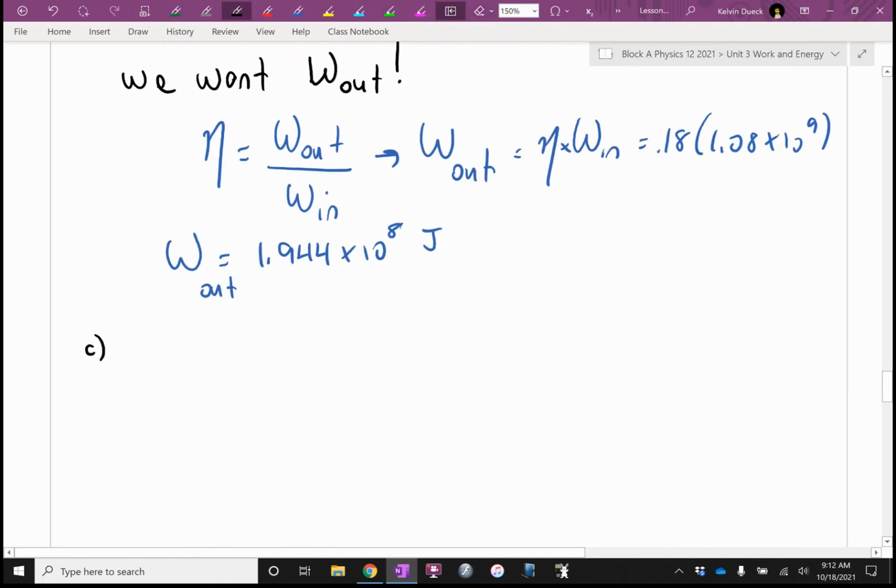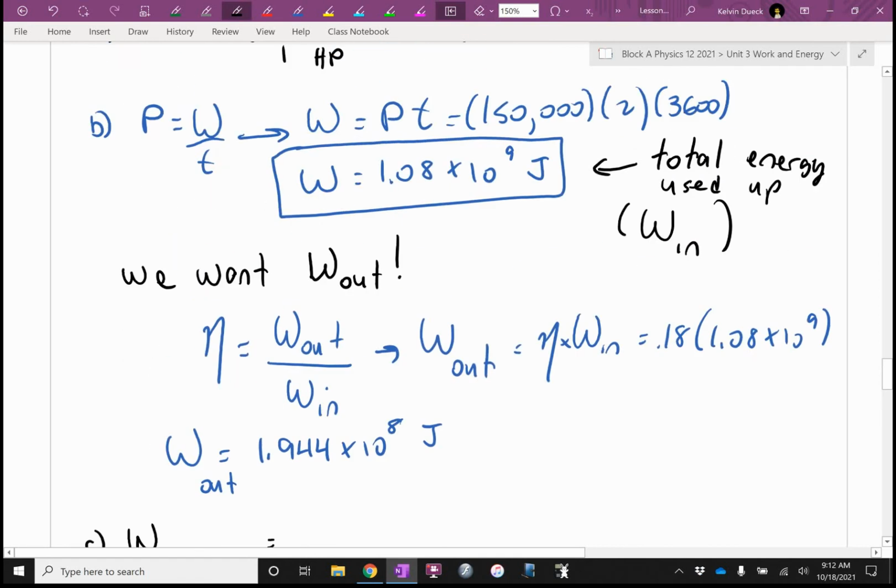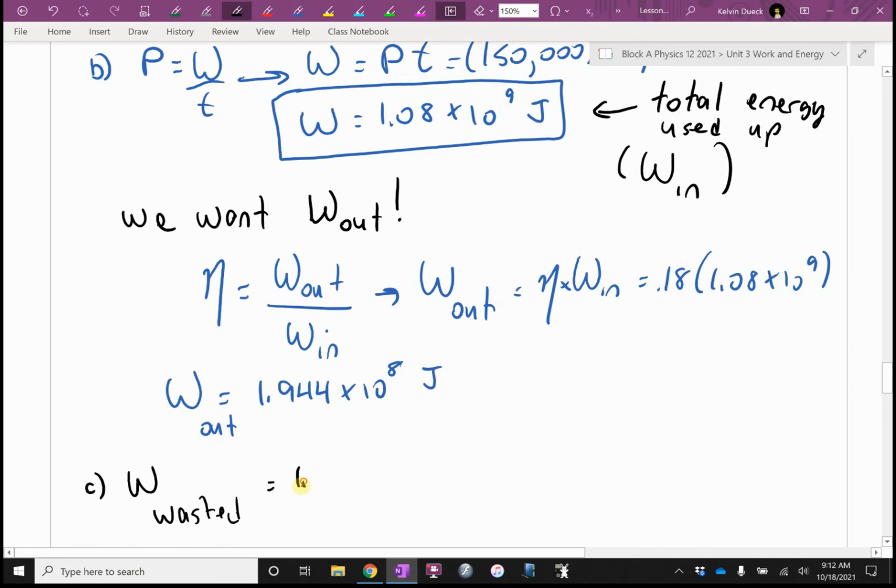Work wasted is going to be 1.08 times 10 to the 9th minus 1.944 times 10 to the 8th. 1.08 times 10 to the 9th minus answer button.